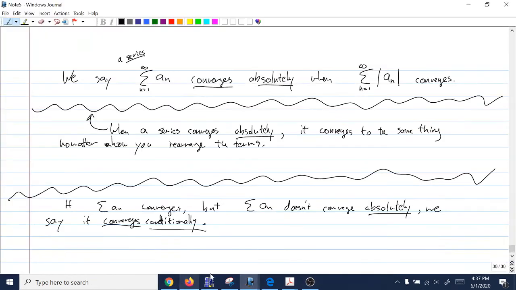Let's talk about a series. So there are three possibilities for an alternating series. Let's give the alternating series a name: the sum of (-1)^n a_n, where a_n is positive.